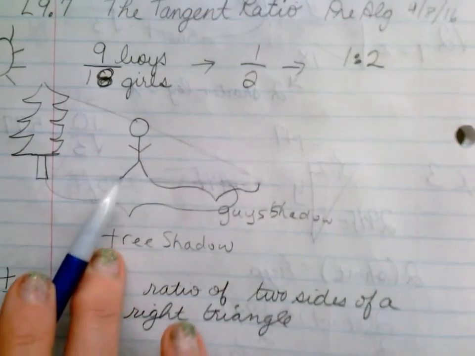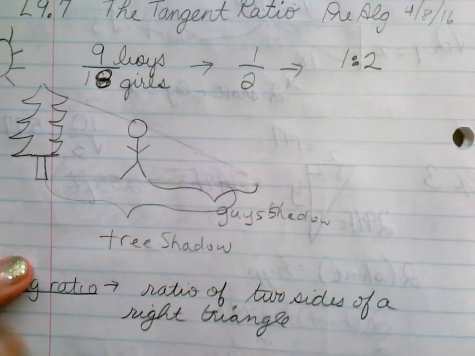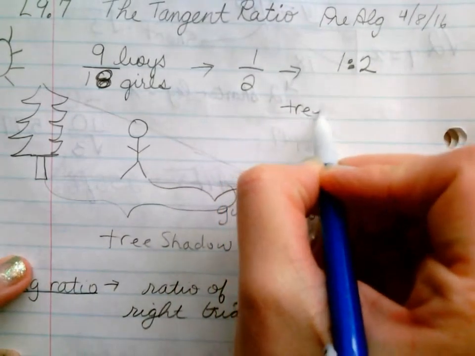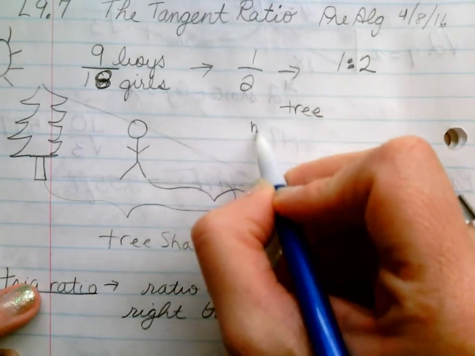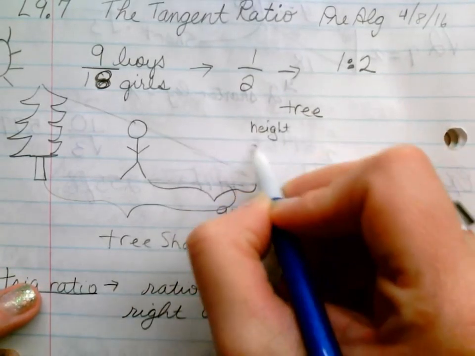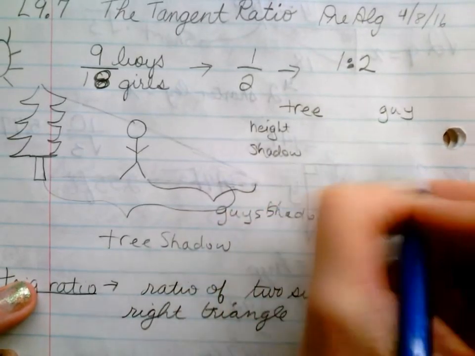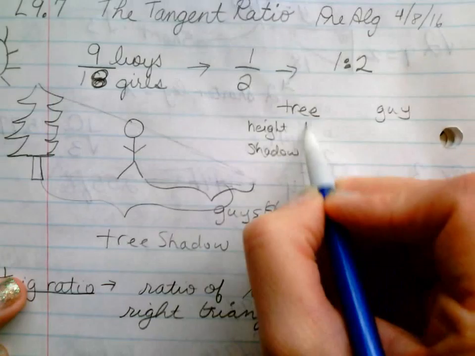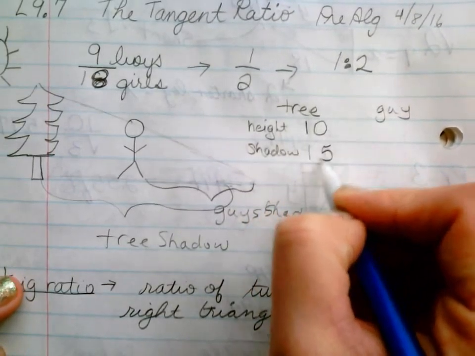Here when we did this, if we did tree height and shadow, and we did guy height and shadow, let's just say the tree's height was 10 and it formed a 15-foot shadow.